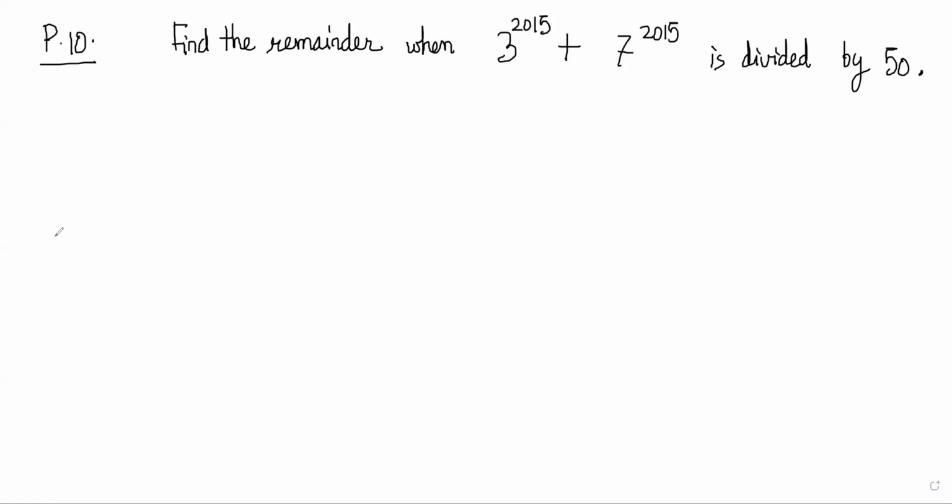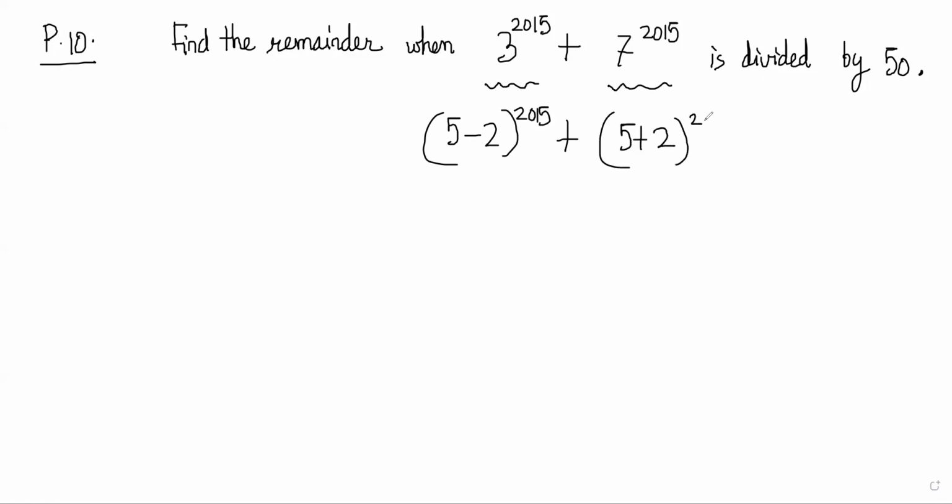Okay. Let's think about it. You can do it in many ways. One easy way to do it is by binomial theorem, where you can write it as (5 minus 2) to the power 2015 plus (5 plus 2) to the power 2015. Right? Once you do that, you will get the sum of these two series, and this will only have certain terms.